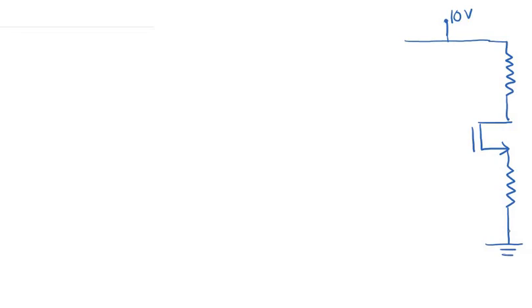We have a 10 volt source which is biasing our MOSFET, through the resistor RD and R1, R2. So we have a resistor RD here, we have this MOSFET, and we have another resistor RS. This is grounded. Here we have RD equal to 5 kilo ohms. Then we have RS over here.